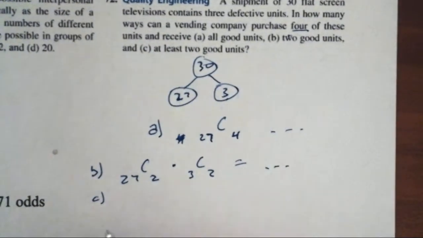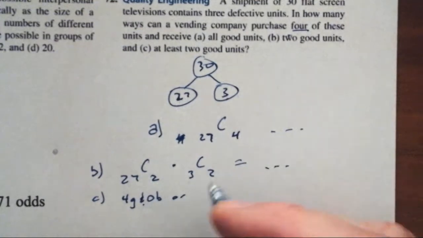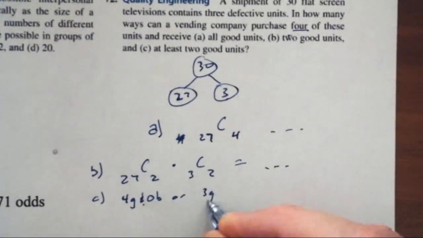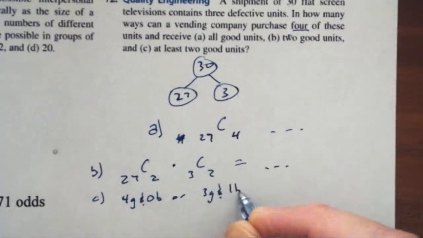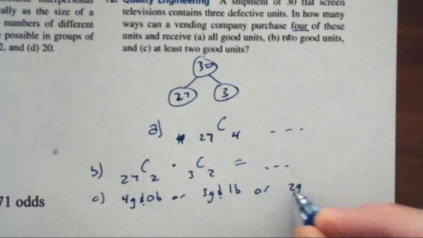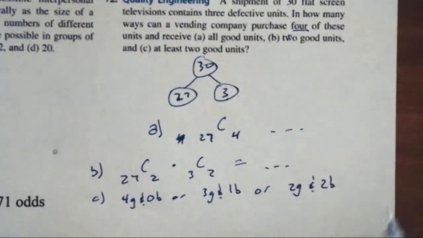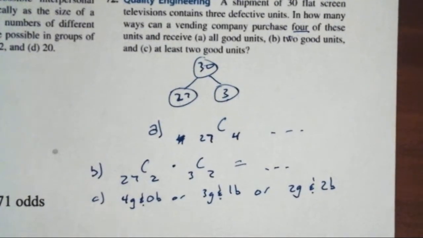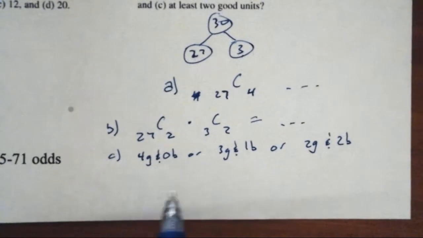At least 2 good ones. So I'm going to just formulate this in my head. What does that mean? I could have 4 good and no bad, or 3 good and 1 bad, or 2 good and 2 bad, and I would win. If that's my goal, to get at least 2 good units, how many ways can that be done?